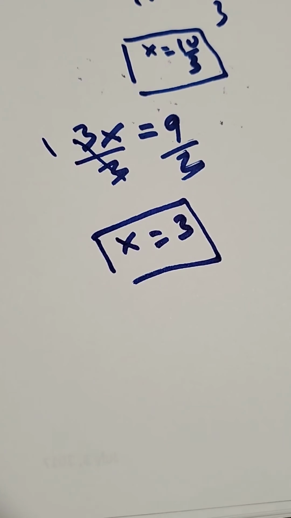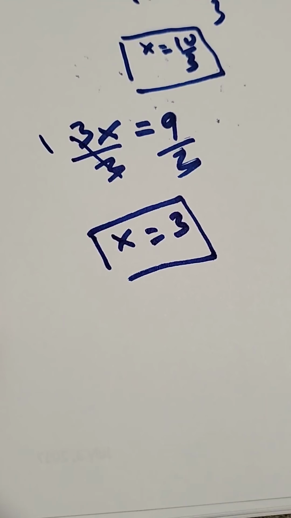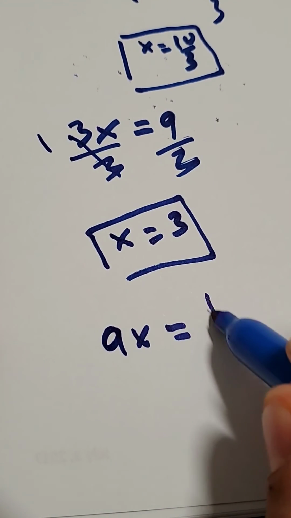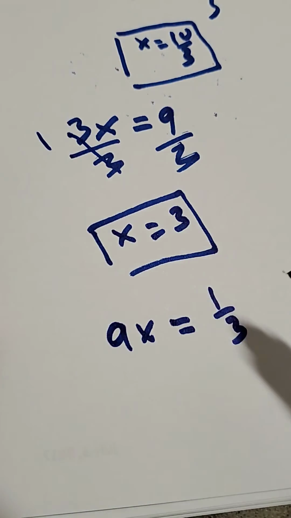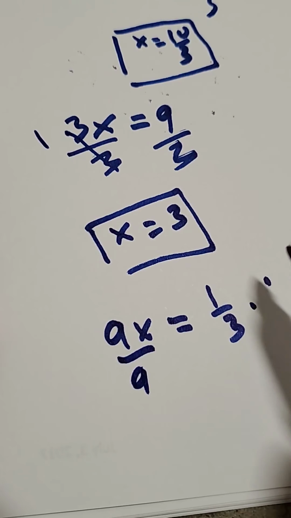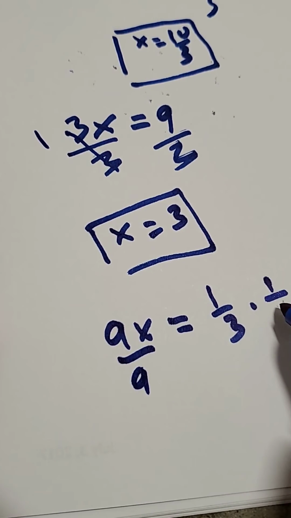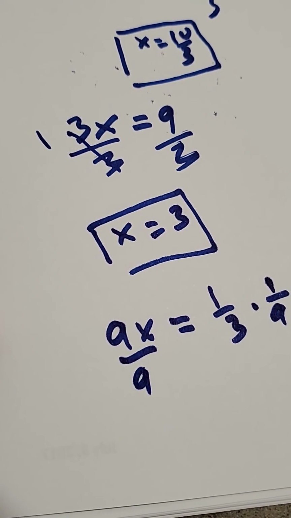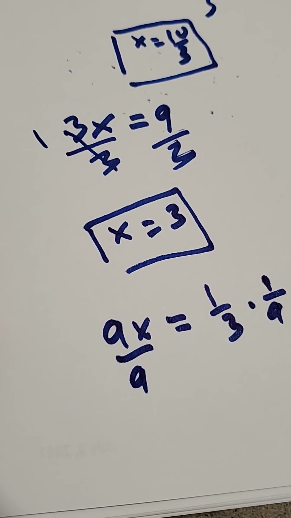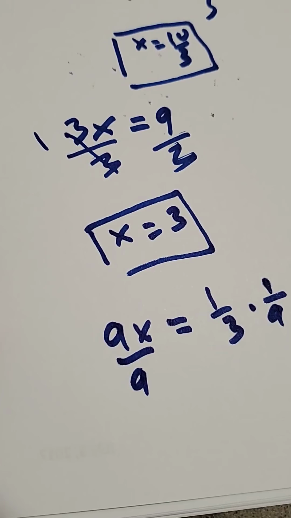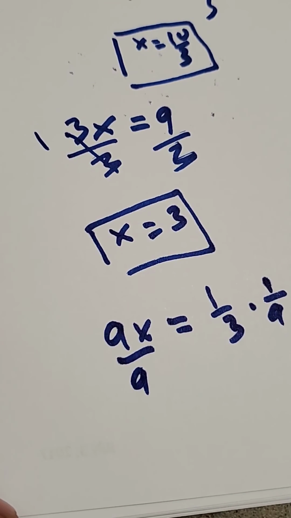Last one. All right, so we have 9x is equal to 1/3. Just like the previous example, we're going to divide by 9 on both sides to isolate the variable. So dividing by 9 is the same as multiplying by 1/9, and that's the multiplicative inverse that we covered in the properties of arithmetic.